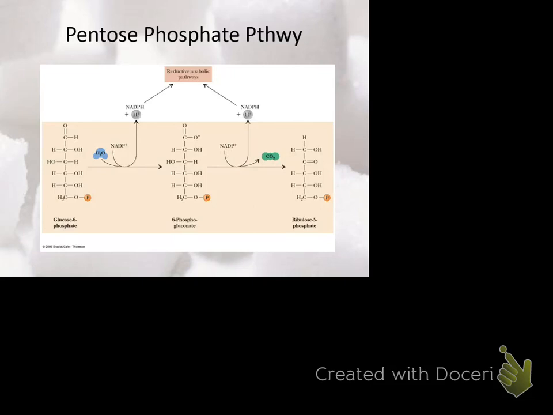And then the third condition is it's going to go on to make NADPH and the ribulose 5-phosphate, which is used for the pentose phosphate pathway. Okay. And you can see here we get an NADPH. Technically we get 2 NADPHs, and these are important for some of the anabolic pathways to make nucleic acids and things like that.